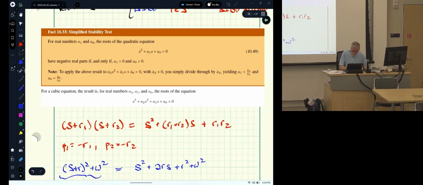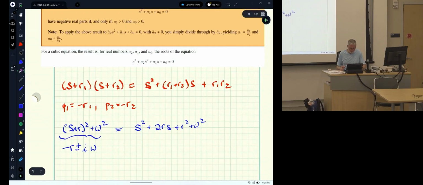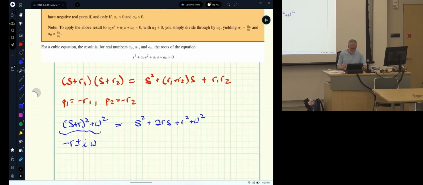Okay, so you can just look at the coefficients and determine BIBO stability when you're so fortunate that the denominator is second order. You don't have to grind around with the quadratic formula.